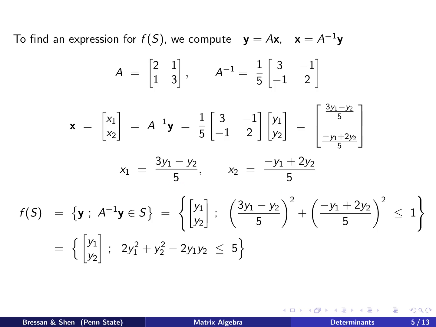So this then becomes: x1 squared plus x2 squared is less than or equal to 1. So let's put in x1 here, so x1 squared plus this will be x2 squared, that's x2 here, that shall be less than or equal to 1.